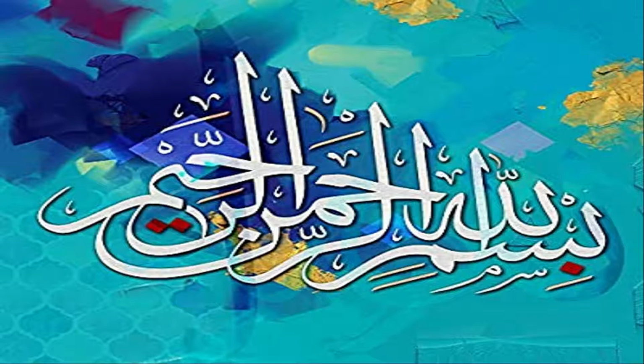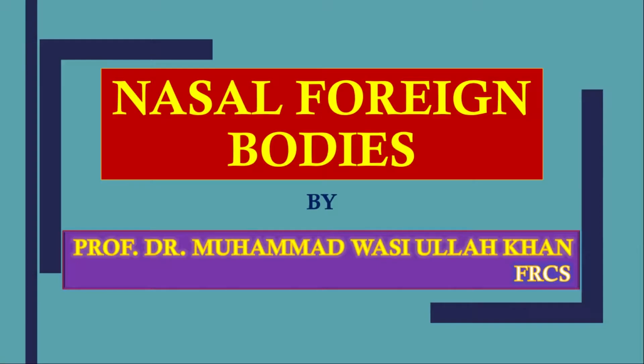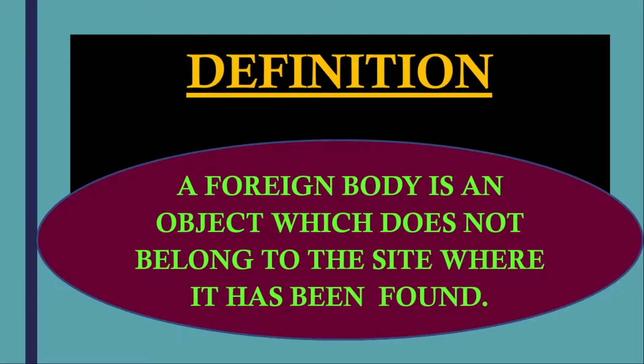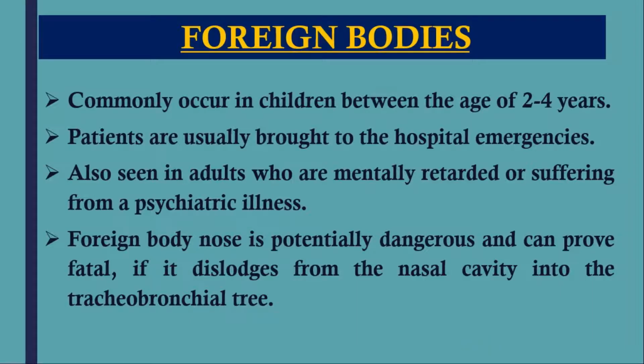Bismillahir Rahmanir Rahim. Nasal foreign bodies. By definition, a foreign body is an object which does not belong to the site where it has been found. Foreign bodies in the nose commonly occur in children between the age of 2 to 4 years.